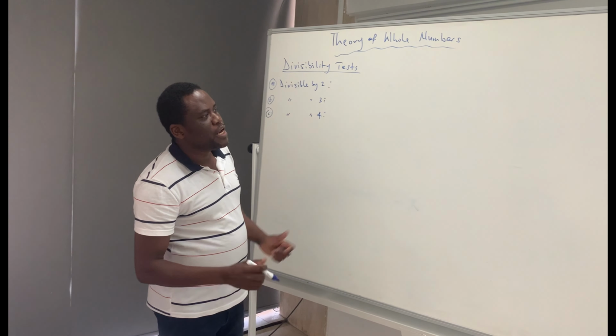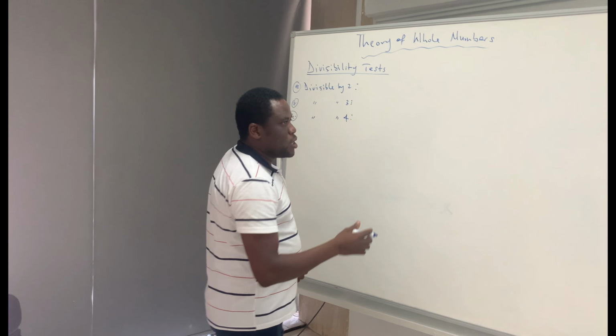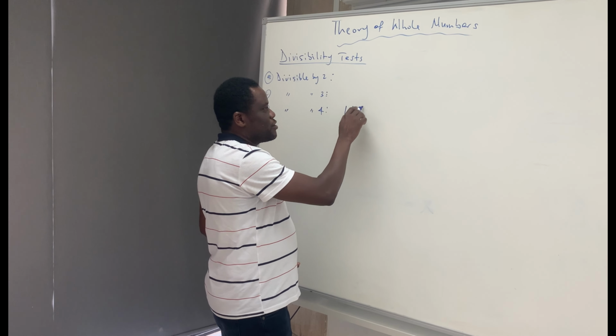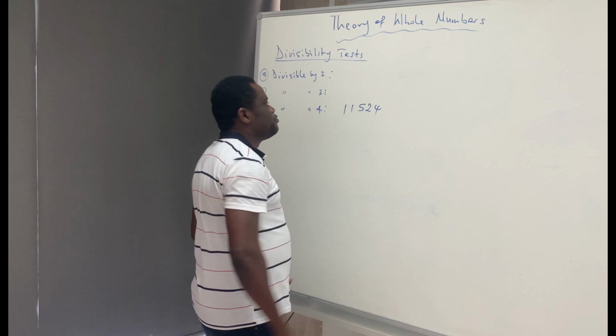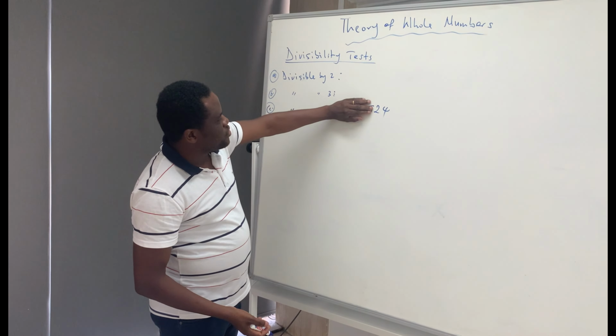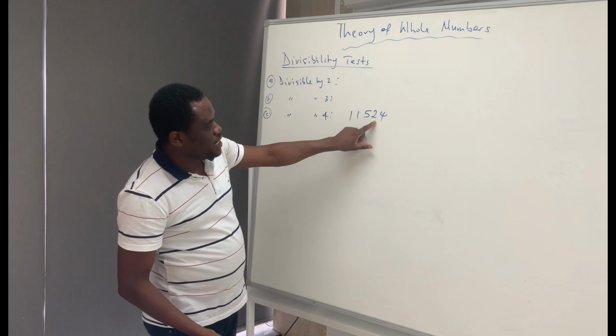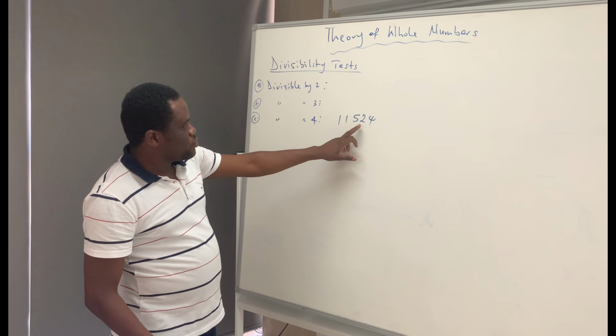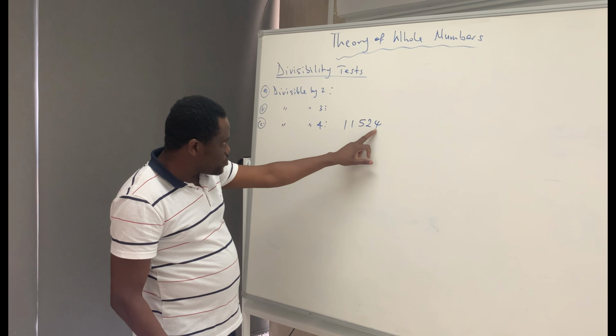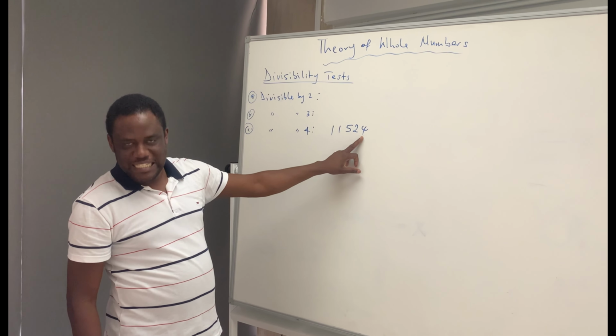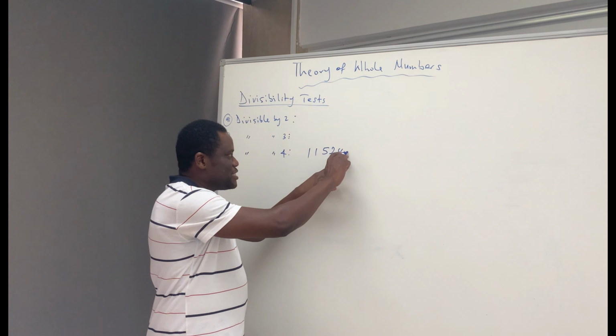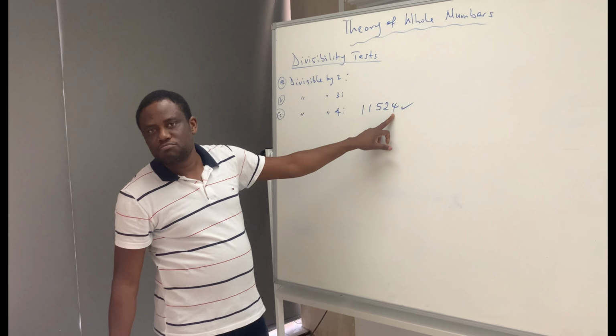For example, let's say we have 11524. The first 3 digits are not a big problem. The main thing is the last 2 numbers. Can 4 go in 24? Yes. It means that this number must be divisible by 4.